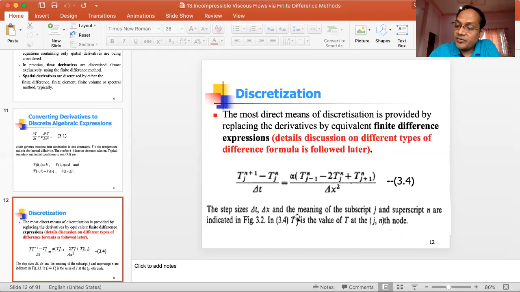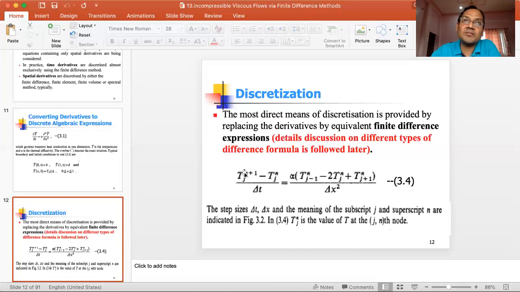T_j^n is the value of temperature at the (j, n)th node, meaning x_j at t_n. T means small t. And this is your time derivative. Time derivative means you discretize it as an increment in time. Therefore, j is fixed because space has no change, only time. So (T_j^(n+1) minus T_j^n) by delta t.